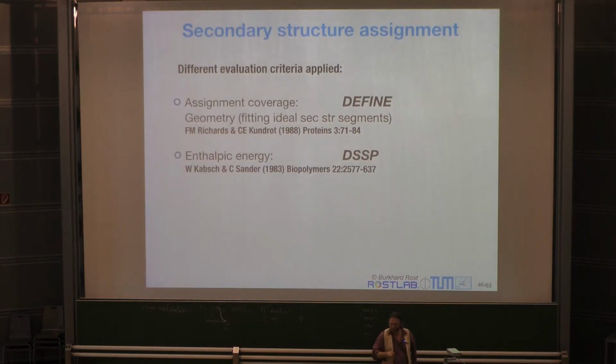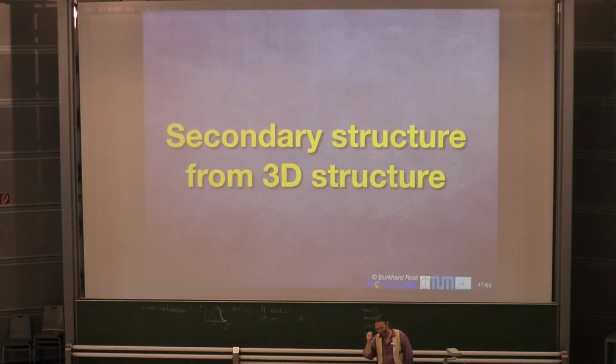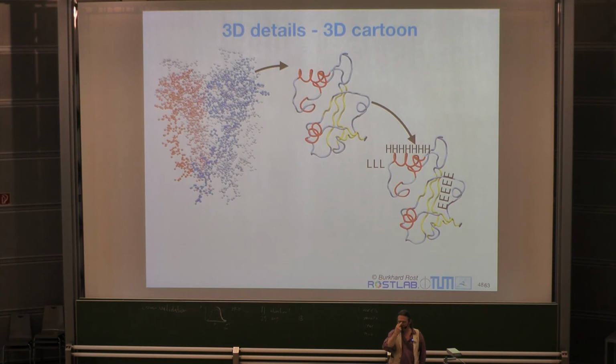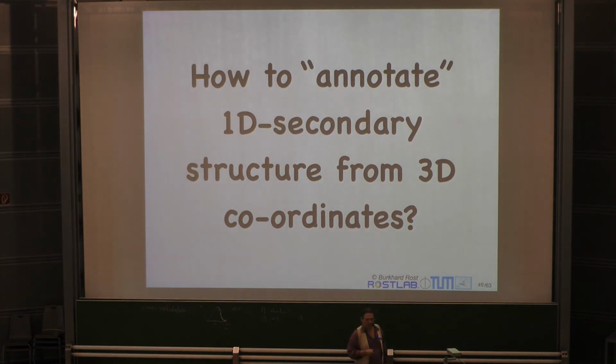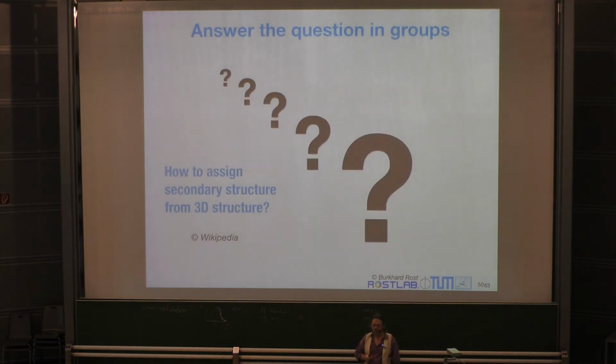There are different methods to get from 3D to secondary structure. So essentially, the question is, how do I get from that to that? Because this is only an annotation, a cartoon of that, how do I really get to the annotation? What is a helix? How to annotate 1D secondary structure from 3D coordinates.